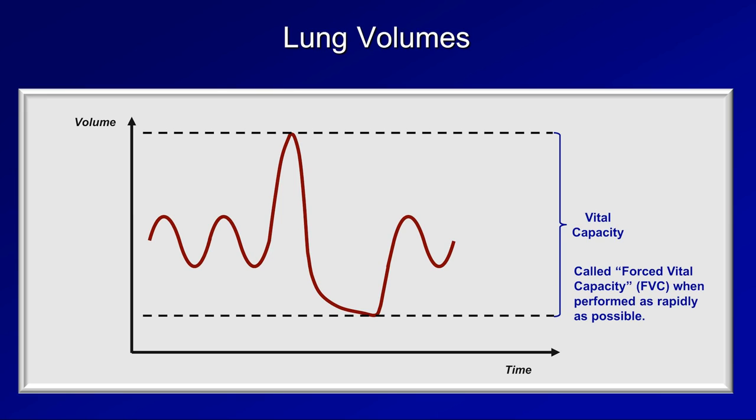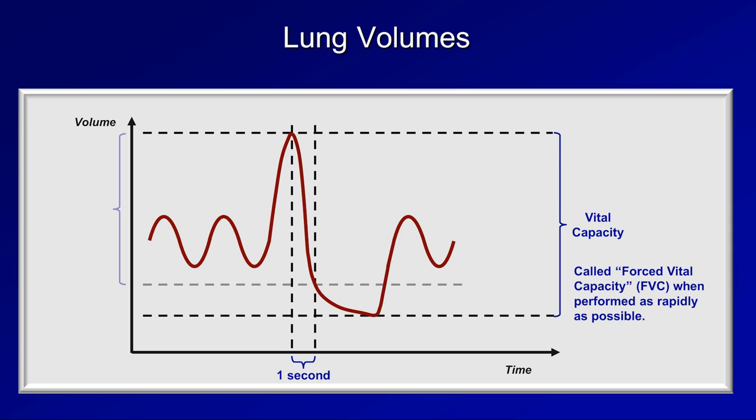If we then look at just the volume of air exhaled during the first second of that forced exhalation, this is called the forced expiratory volume in 1 second, or FEV1. The FVC, FEV1, and the ratio of FEV1 to FVC are the 3 most important values in PFT interpretation, as we'll see in a few minutes.